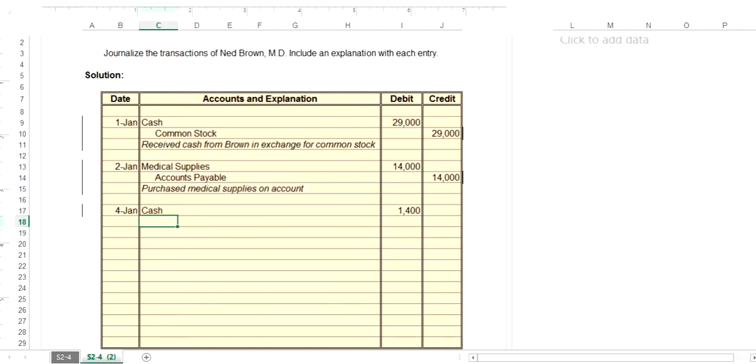And we performed services, so we need to credit a revenue account. So every time you earn revenue, you need to increase revenue by giving it a credit entry. So we earned revenue of $1,400. And our brief explanation will just be that we performed services for patients.